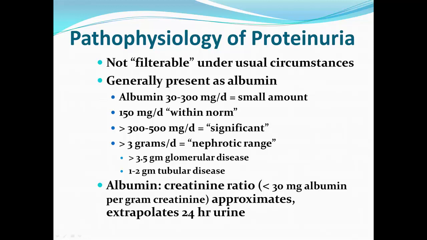So when we see protein in the urine, we are looking at either primary kidney pathology, where the kidneys are actually being horribly damaged by primary disease, or it could also be that the kidneys are under stress from a systemic disease.